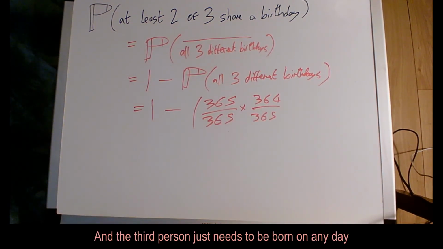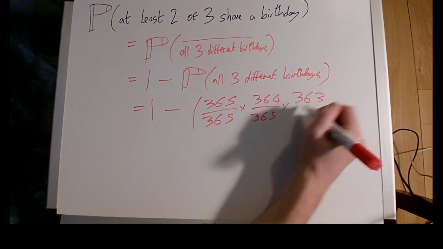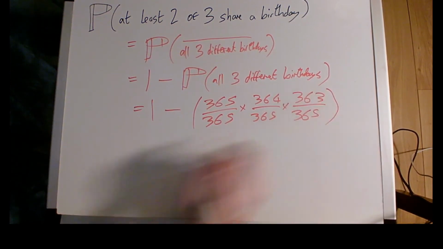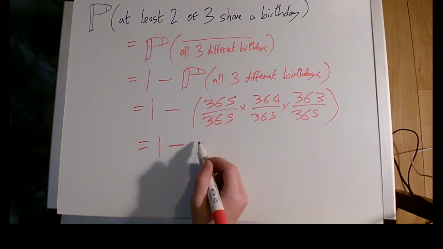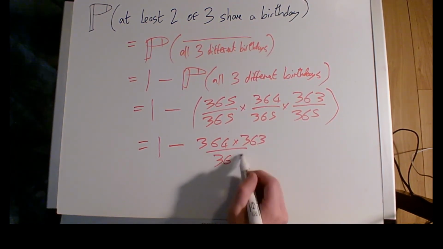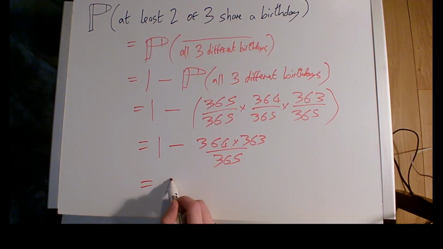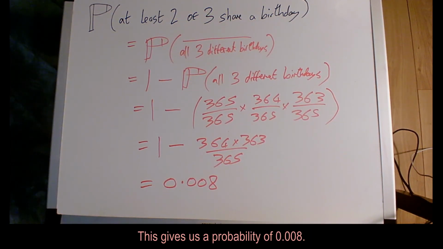And the third person just needs to be born on any day that the other 2 haven't already taken. There are 363 days left. This gives us a probability of 0.008.